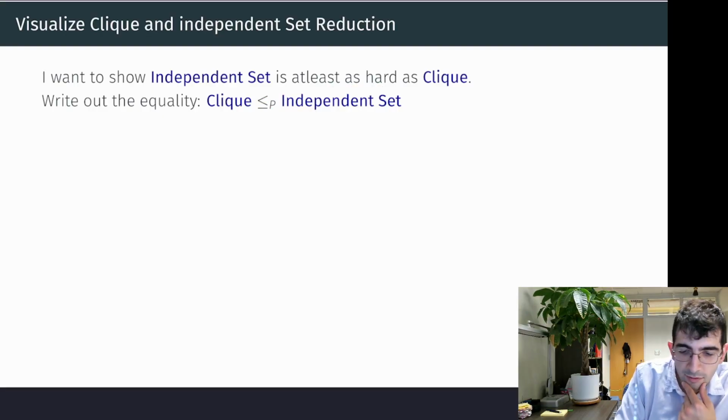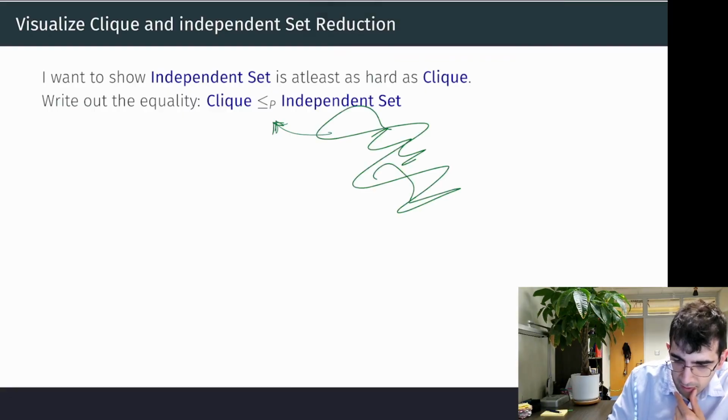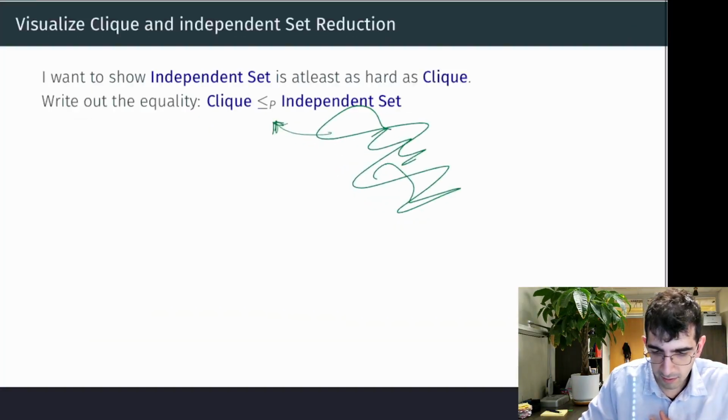Okay, and this right here, this polynomial time right here, sorry. I don't know why my pen is, sorry, one sec. Okay.